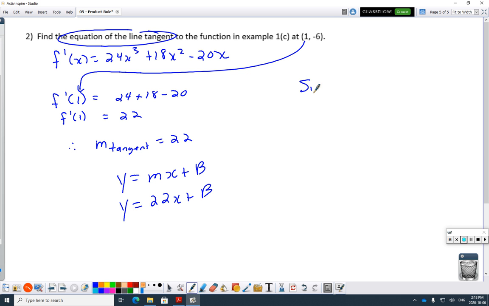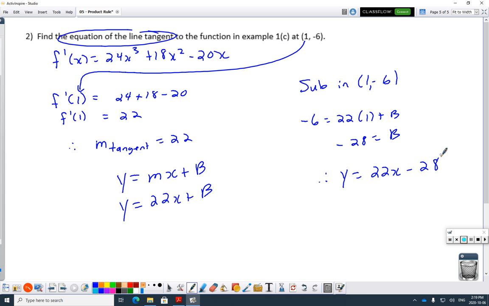Sub in 1, negative 6. So I get negative 6 equals 22 times 1 plus b. Negative 28 equals b. Therefore, y equals 22x minus 28 is the equation of the tangent.